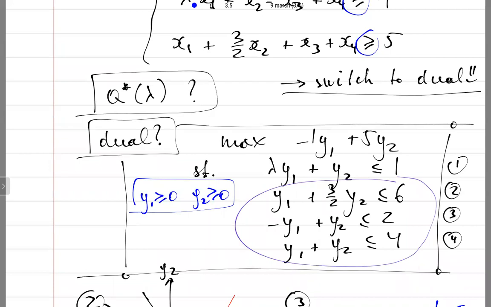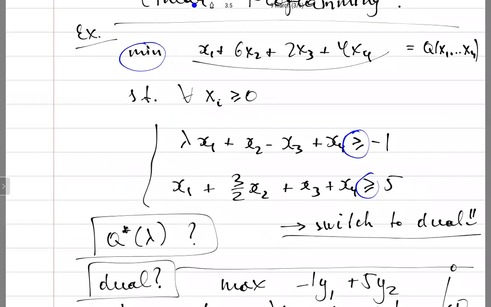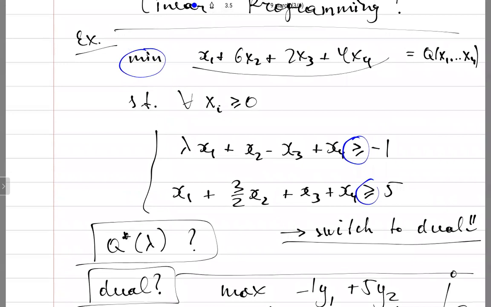Okay? Yeah, okay. And so if there was a maximization problem initially, the lambdas would be negative. So you may do it like that, but I prefer to always standardize and not care about it at all.